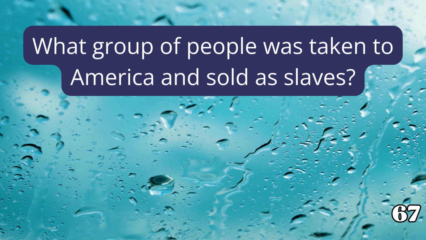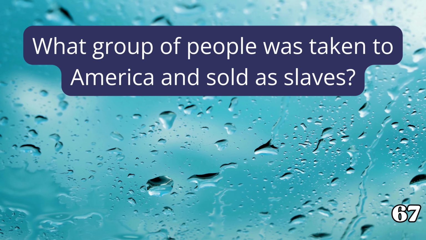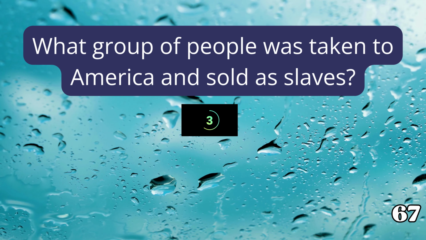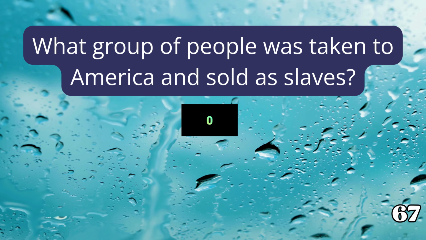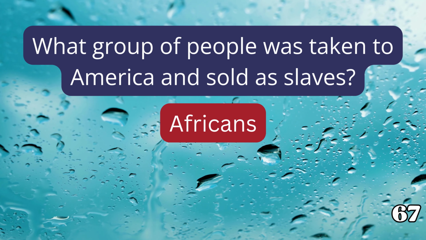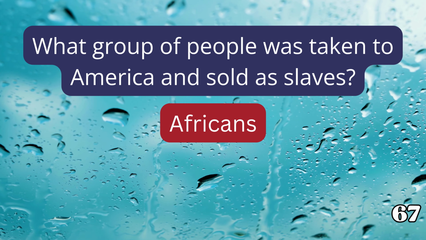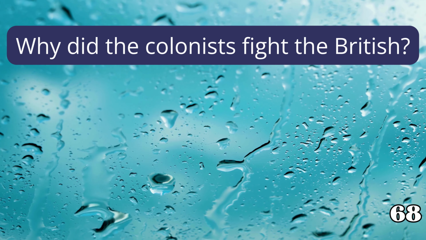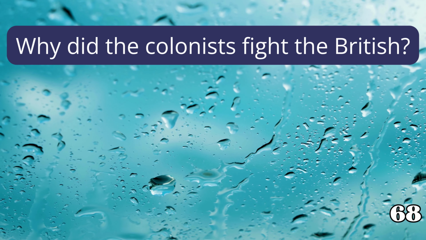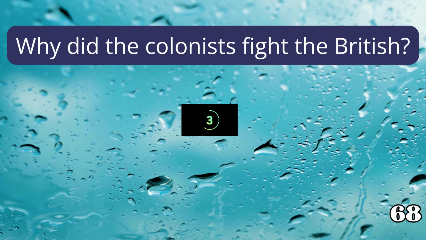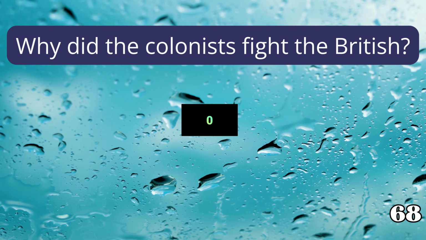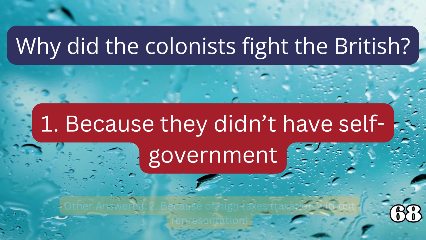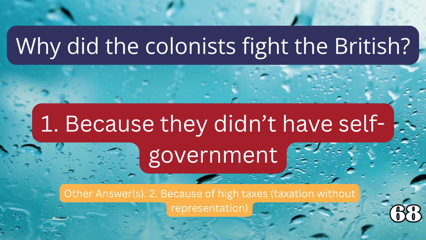What group of people was taken to America and sold as slaves? Africans. Why did the colonists fight the British? Because they didn't have self-government.